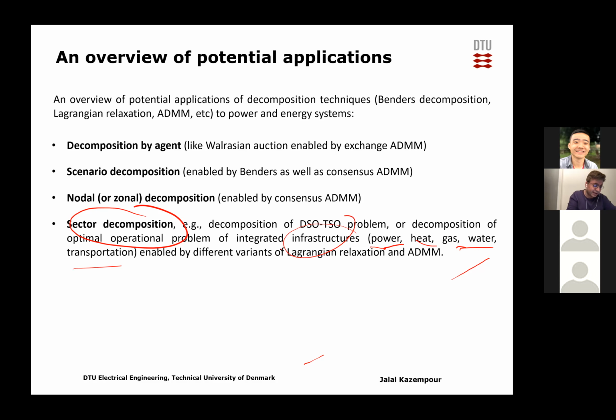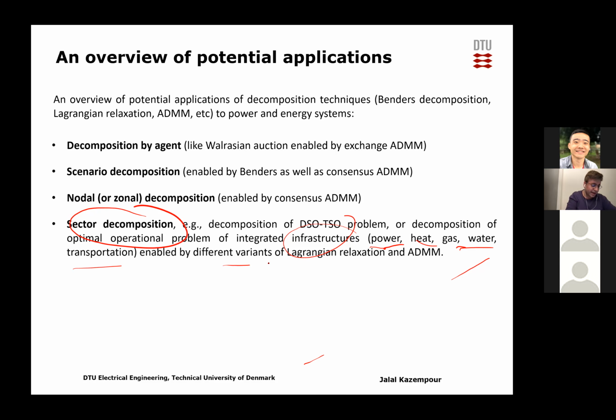Again, let's say you have coupling points between the power system and heat system. It could be heat pumps, it could be CHPs or whatever. Again, you have to see what kind of linking you have. Is it a constraint or is it a variable? And then you can decompose your integrated infrastructure problem, one subproblem per sector.